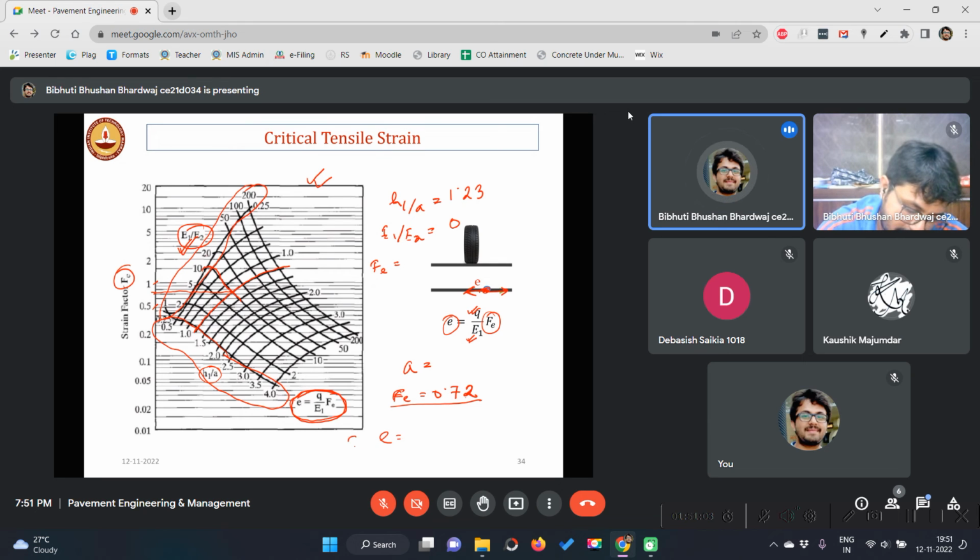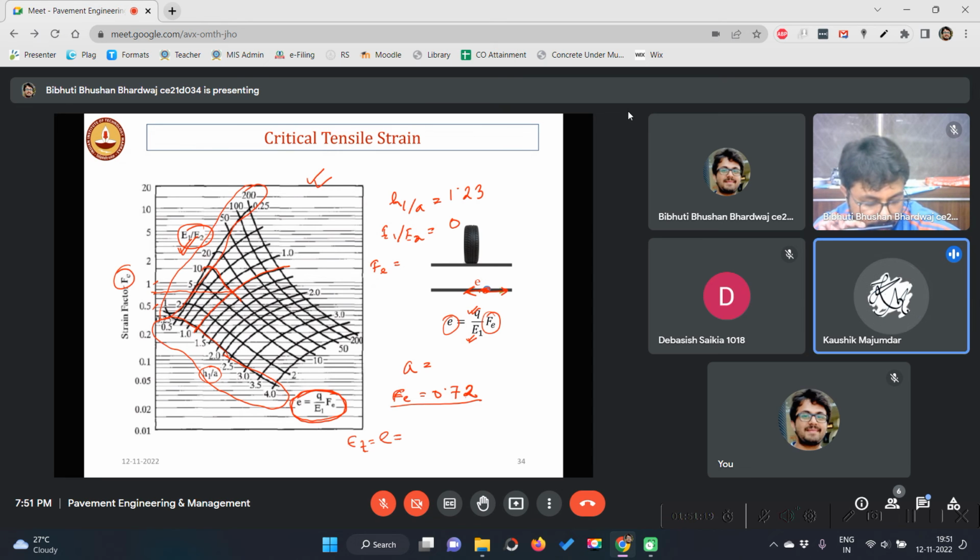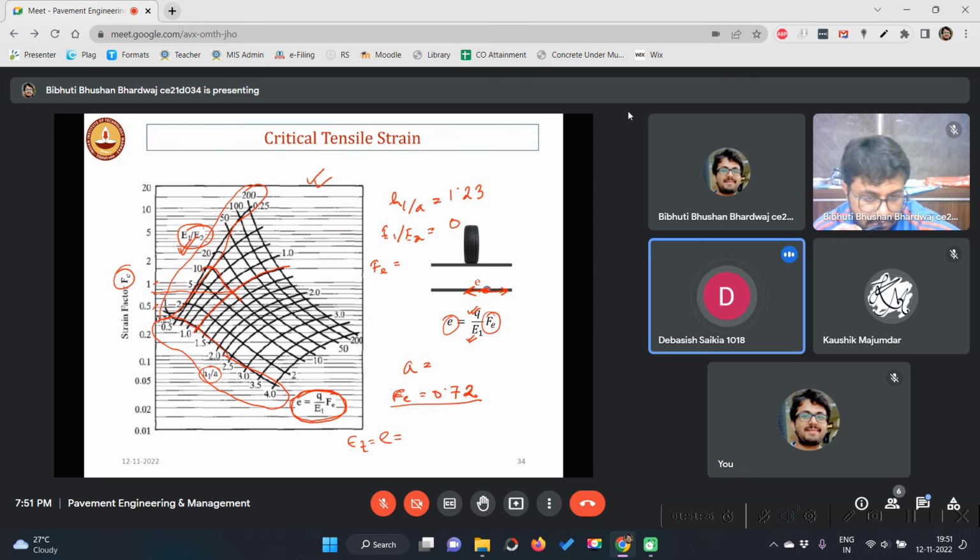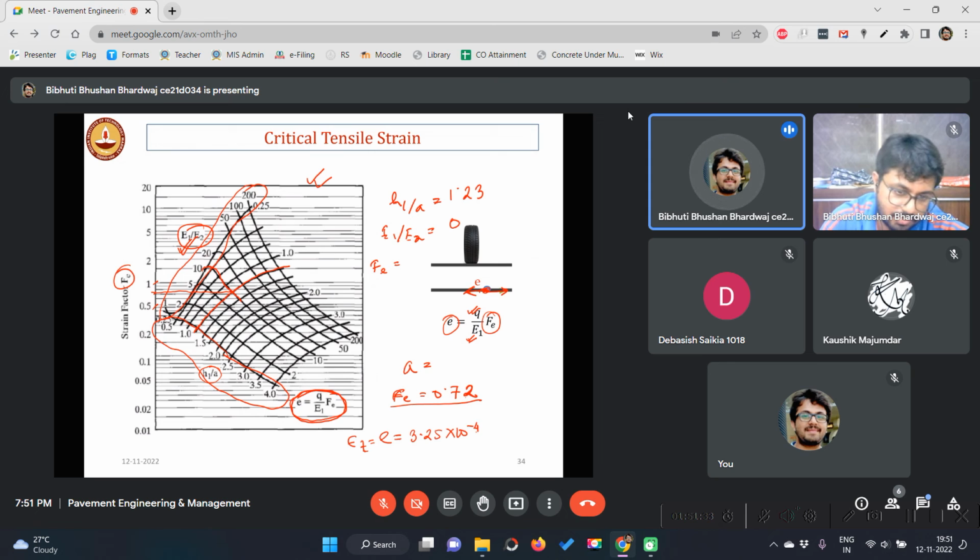That is E. E is epsilon T. How much? 7.67 into 10 to the power minus 4. 3.25 into 10 to the power minus 3. Minus 3 or minus 4? It is E1.